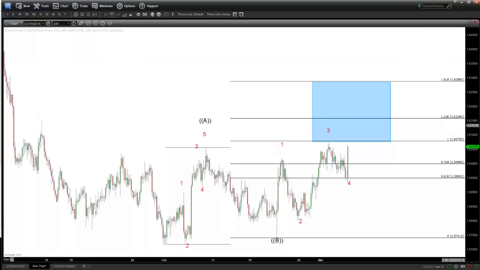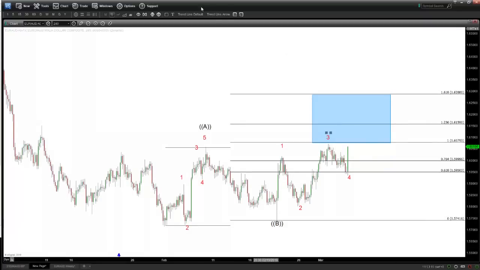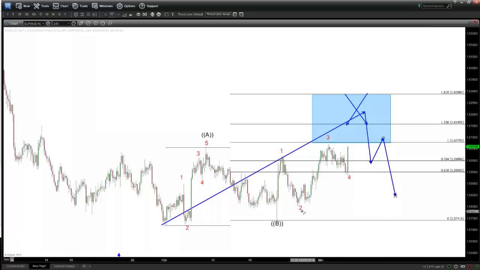And in this case, let's say we are targeting the upper end here, between 160 and 160.80, before ending this 5 waves up. At that point we have a possibility that this cycle can be complete from this low as an ABC, and then we start seeing a 3-wave pullback at least.